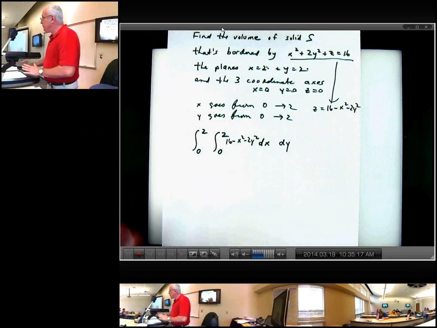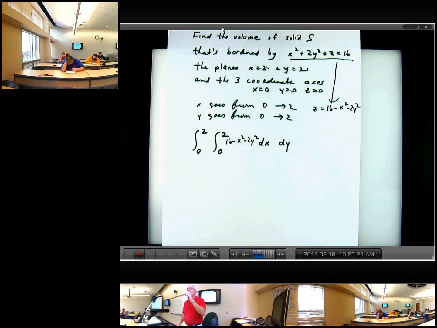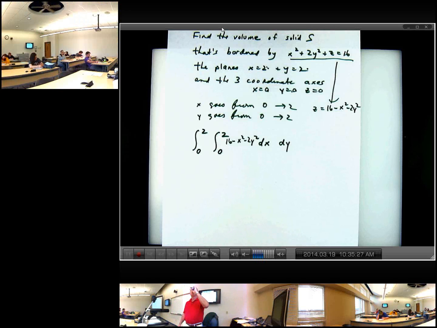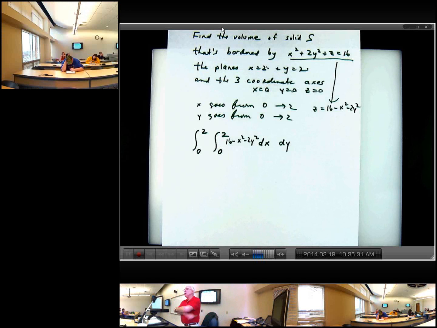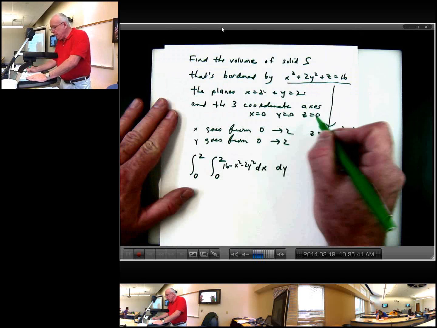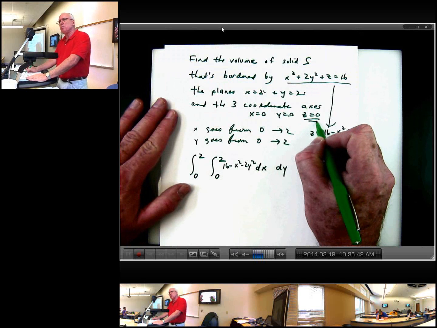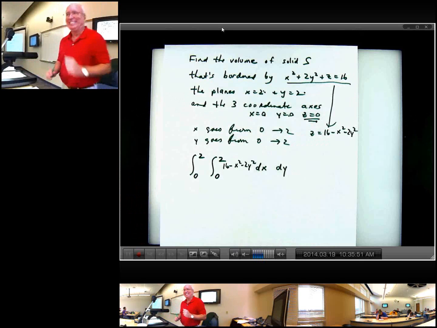Okay, once we've set it up, then it's a matter of just going through the process. Yes? In other words, is this what you're saying, if we were told this was z equals 1, maybe?